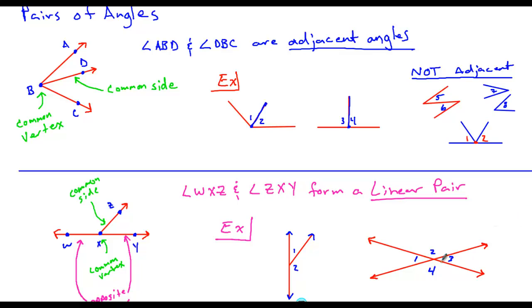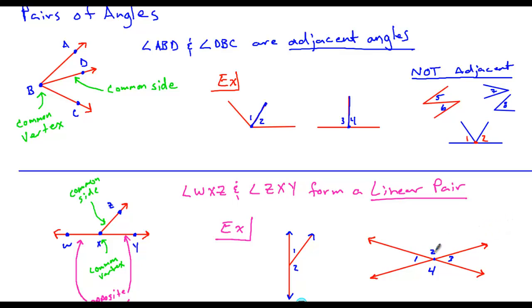Now if you just look at this red line right here, you can see that angle 1 and angle 2 have a common vertex, a common side, and they form this line here.